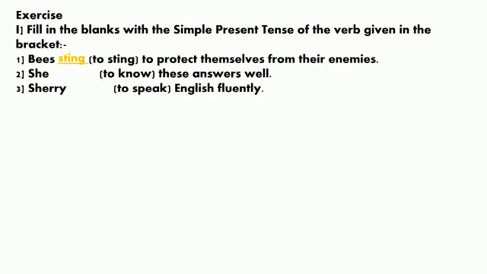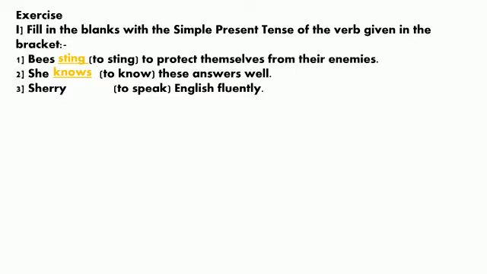I told you when the word is plural with an S, you have the plain verb. For example, when it is bee, it is bee stings. But here it is bees, so you write sting.